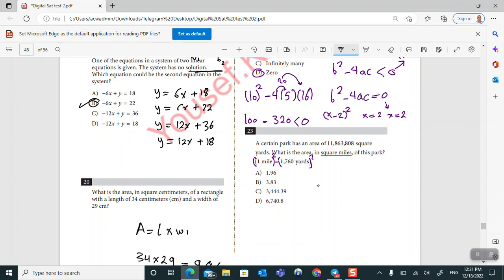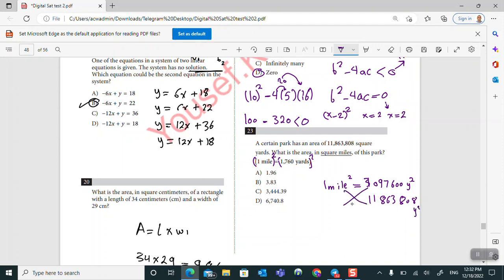So 1 mile squared is equal to 3,097,600 yards squared. Place it under its value, so that's the most efficient way you can use in order to avoid confusion. And that's yards squared.